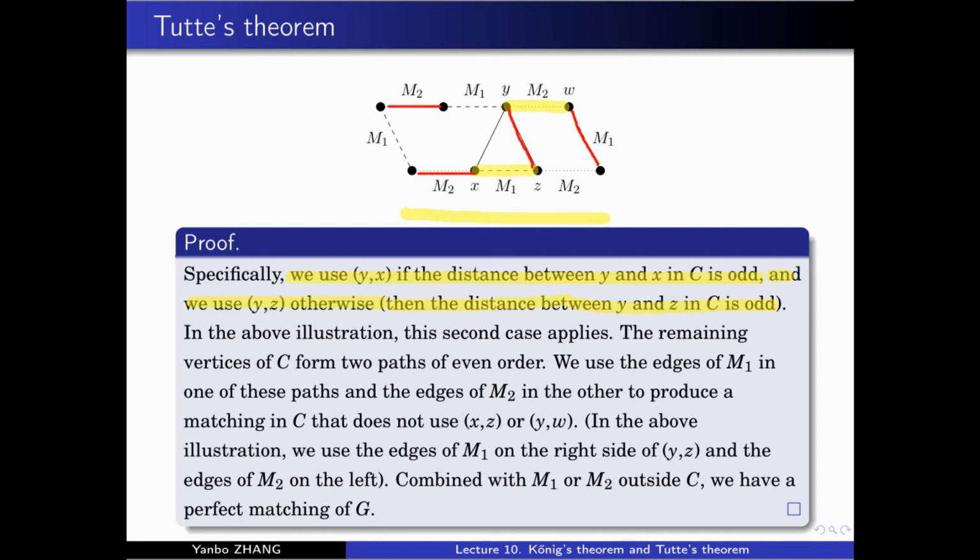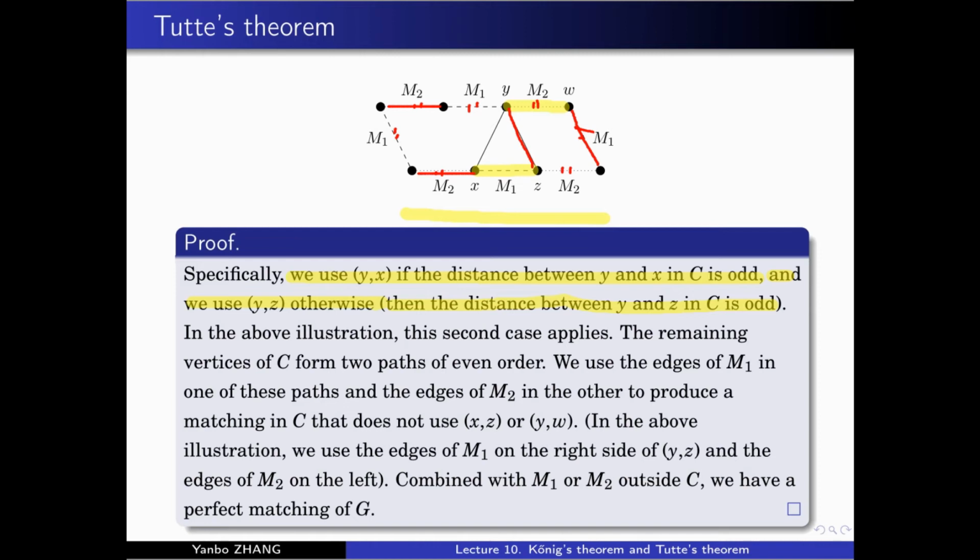Here in this graph, the distance between y and z on the cycle is 1, 2, 3. So we use yz. And the distance between y and x on this cycle is 1, 2, 3, 4. So we don't use the edge xy. In this illustration, the second case applies.